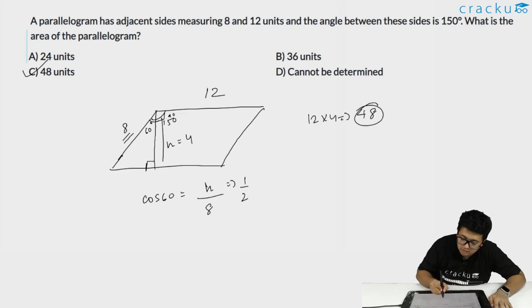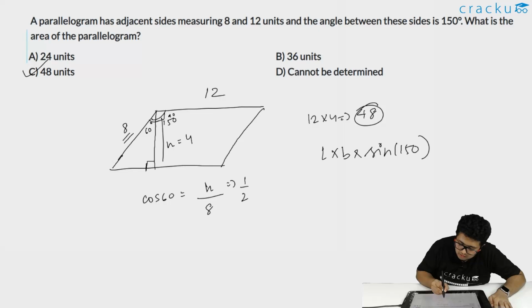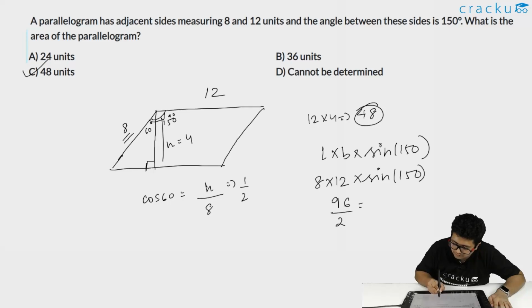We can also do it as length into breadth into sine of the angle between them, which is 8 into 12 into sine 150, which is 96 by 2, equal to 48.